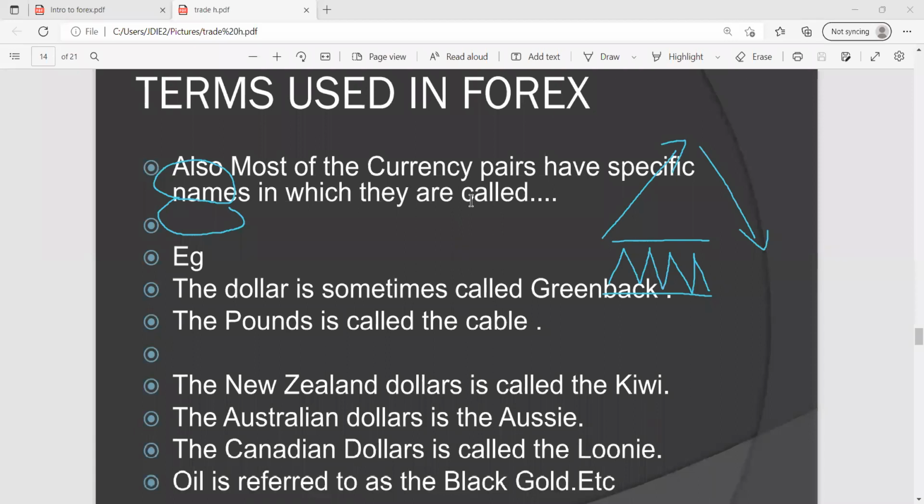You hear the cable, which just means the pound. You hear Kiwi, which means the New Zealand dollar. You hear the loonie, which refers to the Canadian dollar. And then you hear a term like black gold, which refers to oil, just oil.